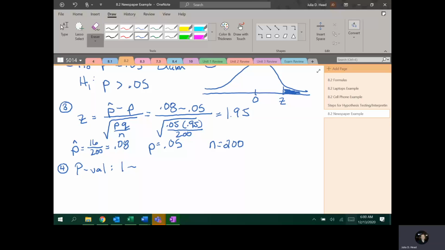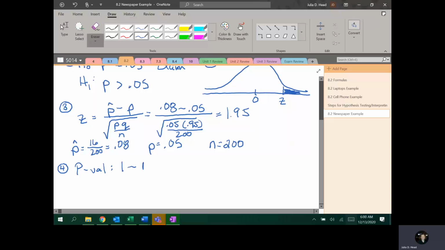This is the Z distribution or the standard normal distribution. So we're going to use 1 minus norm.s.dist. You may, of course, use just norm.dist where you remember to put in the 0 for the mean and the 1 for the standard deviation. So we have 1.95 is where our mark is. And then, of course, I've told you before in this class, we always use true.